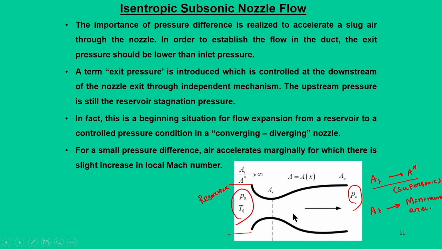If PE is slightly below that, initially PE starts with PE1, there is some flow, then it reduces further to PE2, the flow again accelerates, and at PE3 it reduces further and the flow further accelerates.